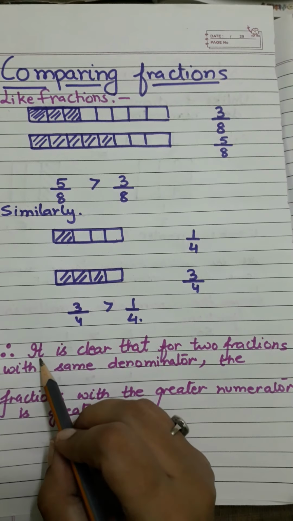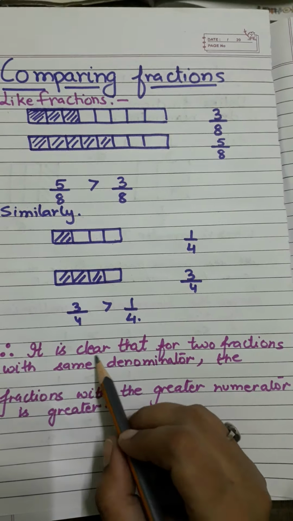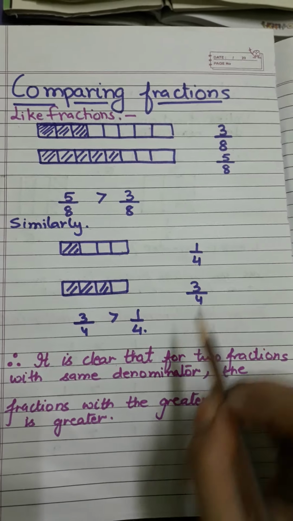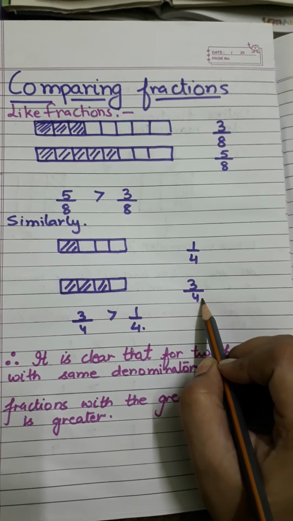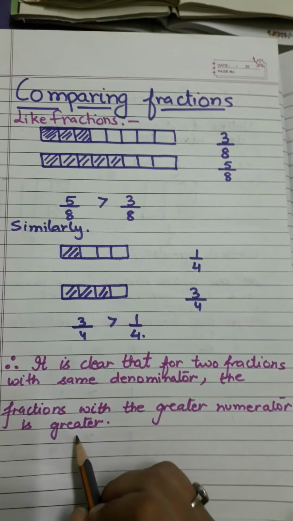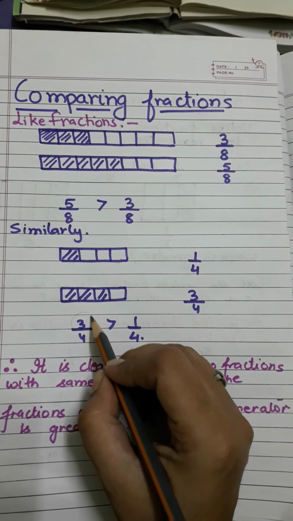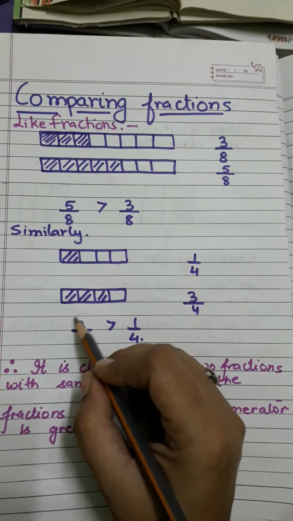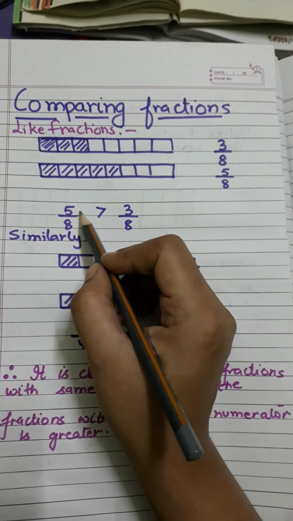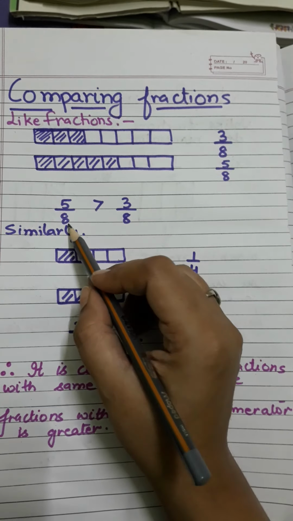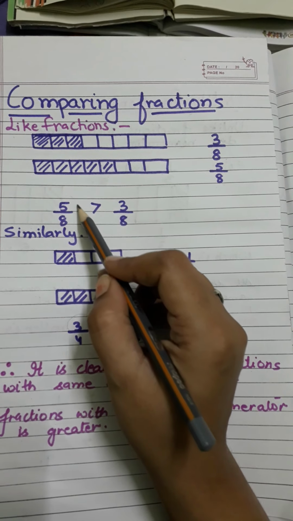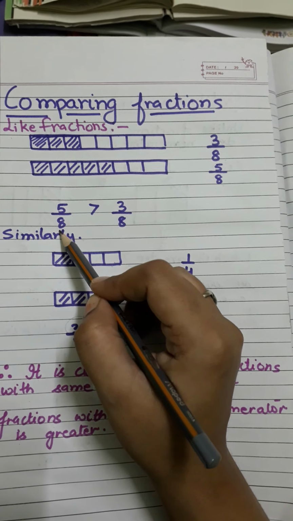So what we have to remember is that for two fractions with the same denominator, the fraction with the greater numerator is greater. Here 3 was greater, so this fraction will be greater. Similarly, here the numerator 5 was greater and the denominators are the same. Fine. So which fraction was greater? 5 by 8.